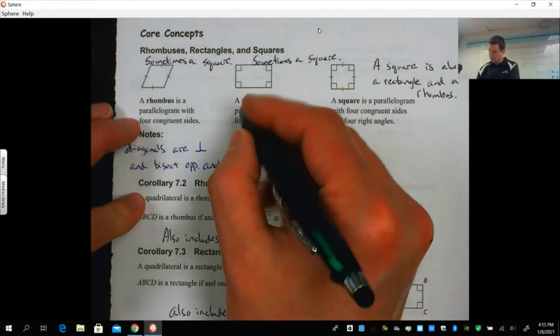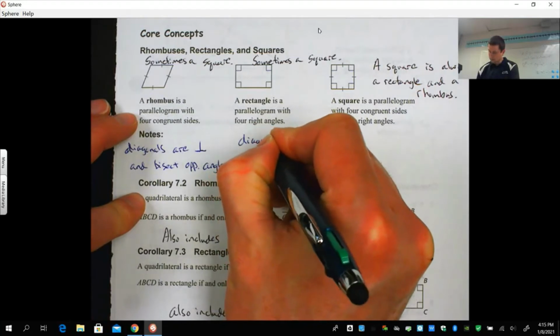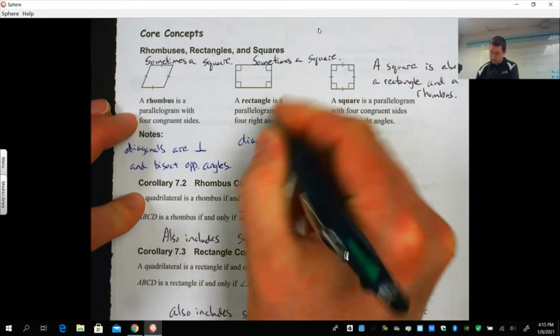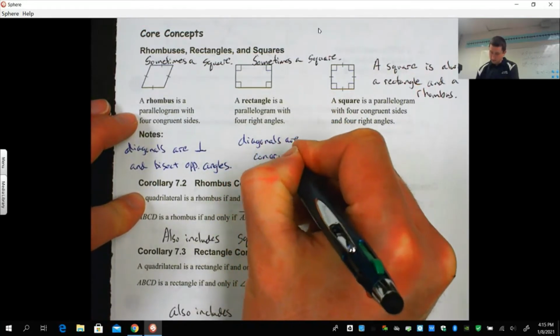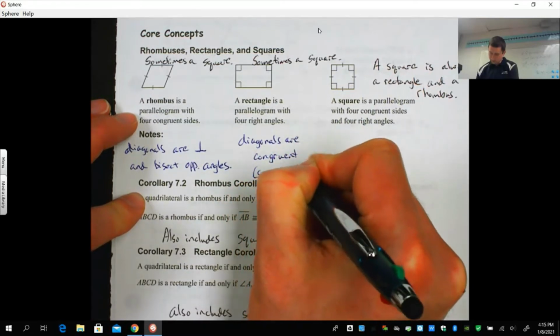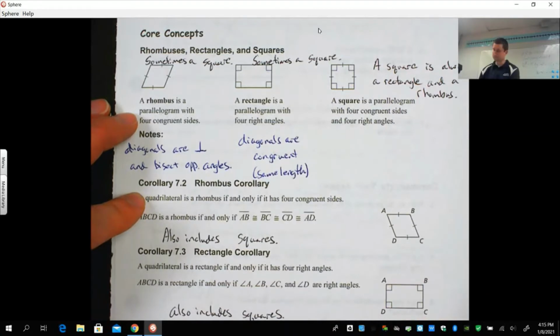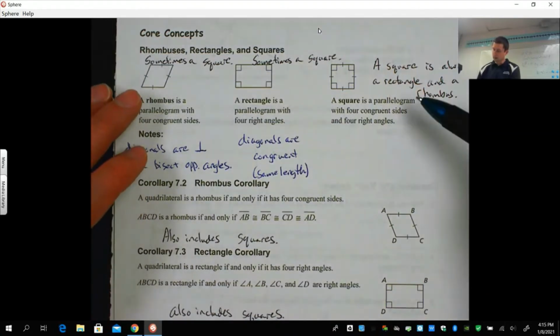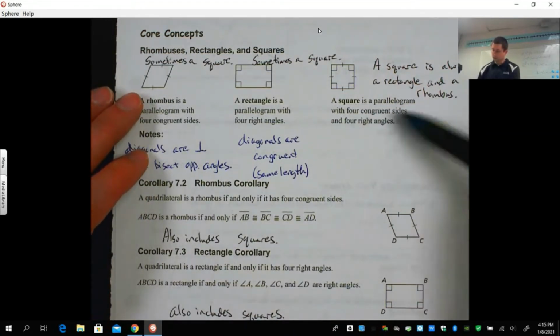For a rectangle, we say diagonals are congruent. That means they are the same length. Diagonals are congruent, same length. A square is a parallelogram with four congruent sides.